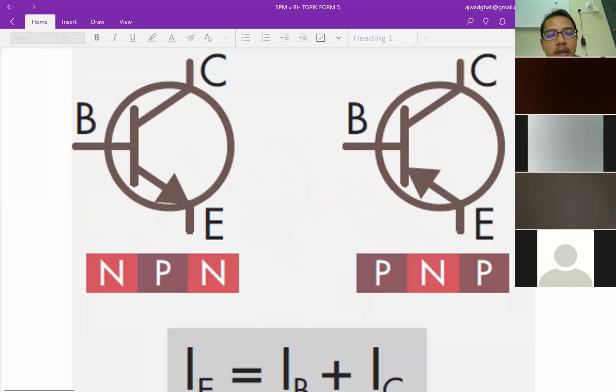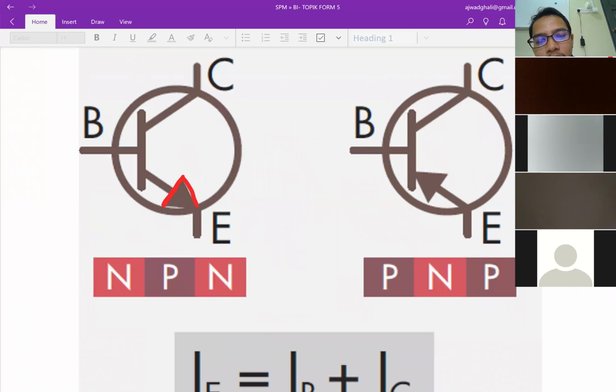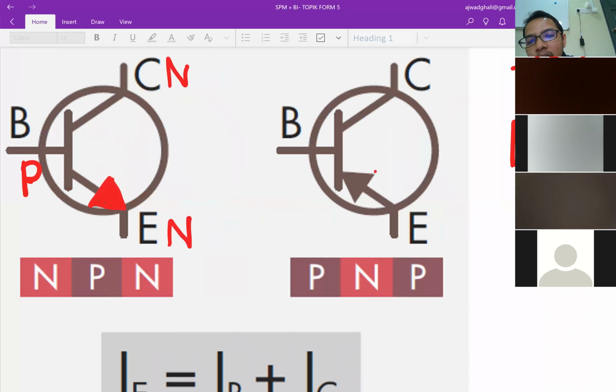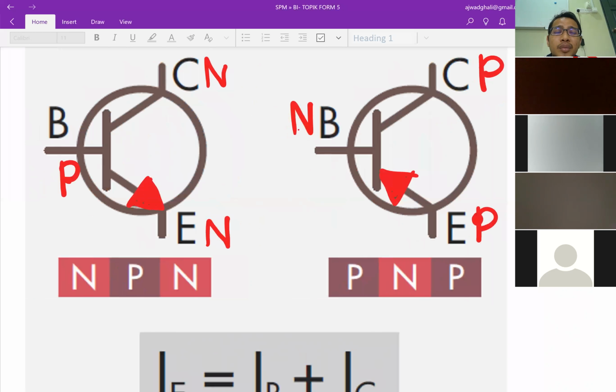If you see here, the arrow is to the bottom, meaning this is P, this is N. So the other one is N. Arrow here: this is P, this is N, this is P. So P and P.